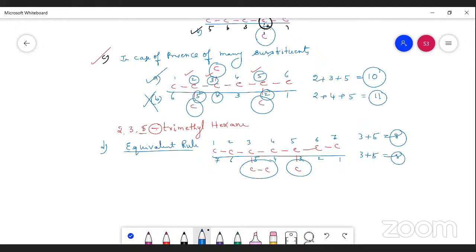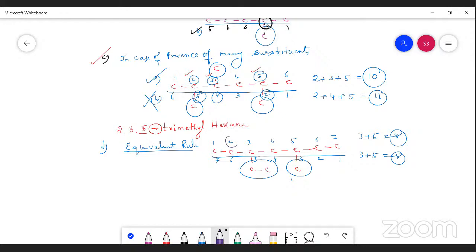So in case of presence of different substituents at the same locations, we have to follow the equivalent rule. Equivalent positions: if the sum of the 2 numbers remains the same in both directions, then those 2 positions we call equivalent positions. So what are the equivalent positions here?